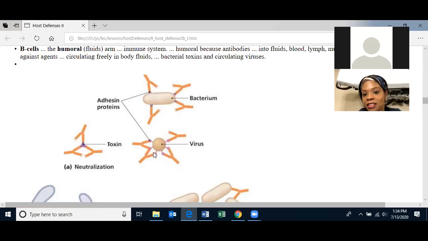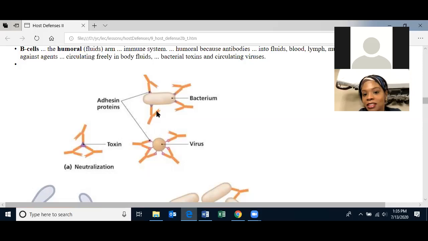And then also neutralization can coat the toxin or the virus, or even a bacteria cell, making it impossible for the pathogen to bind to a human cell, meaning all of these pathogens have to bind to a human cell, and that's their host cell, and then when they bind, they can then enter that cell.